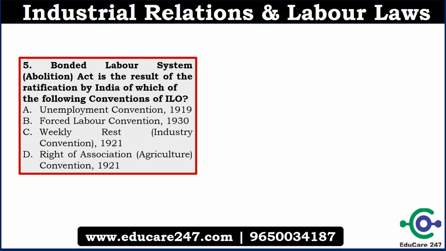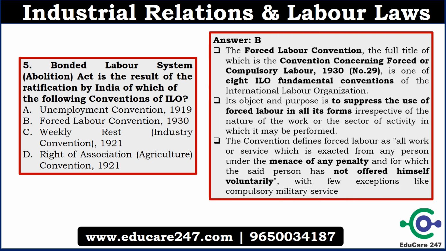The next question is, the Bonded Labor System Abolition Act is the result of ratification by India of which of the following conventions of ILO? The answer is B, Forced Labor Convention 1930. So basically the International Labor Organization has 8 fundamental conventions, and this Forced Labor Convention 1930 is one of them, and it is very important to suppress the use of forced labor in all its forms.